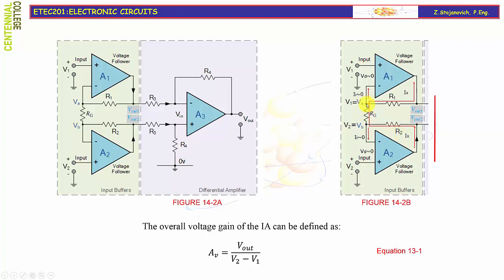The similar application of the Kirchhoff current law to this node will tell us that the current that flows in, being Ix, must be equal to the sum of the currents flowing out. Since the input current is already assumed to be 0, the current through R1 must be equal to Ix. So we will keep those two assumptions as we proceed with the analysis and derivation of the voltage gain for the instrumentation amplifier.